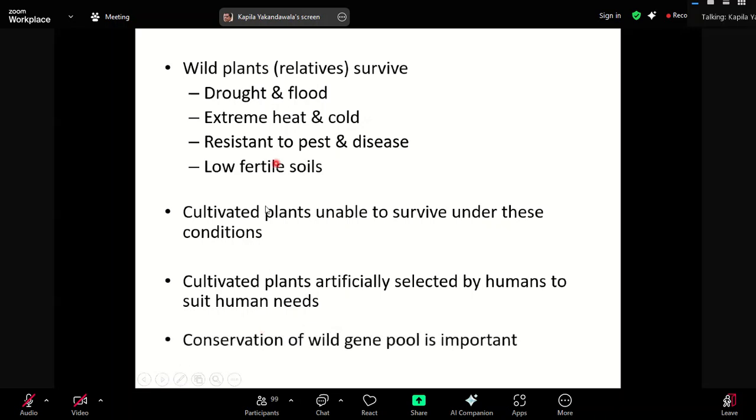Therefore, if you want to improve present day crops, we need to conserve the gene pool of these crop wild relatives. So if you want to improve a rice variety, sometimes you may have to go and get the correct character, pest and disease resistant character from the wild rice. So conservation of the wild gene pool is important.